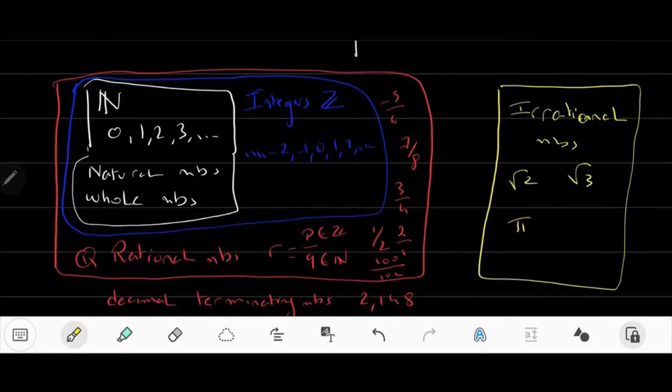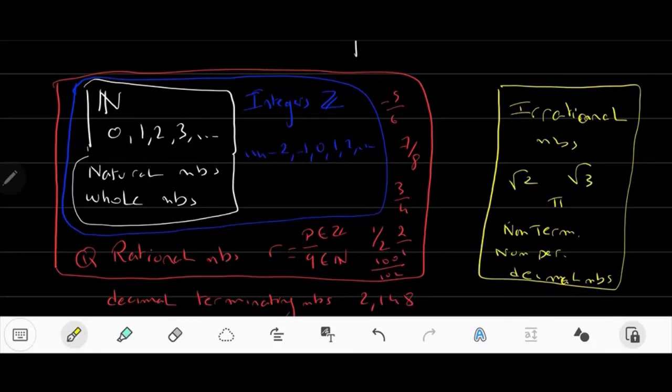So these numbers are decimal numbers, non-terminating and non-periodic. So they have a decimal part, they don't end, and they are not periodic. These are the irrational numbers.